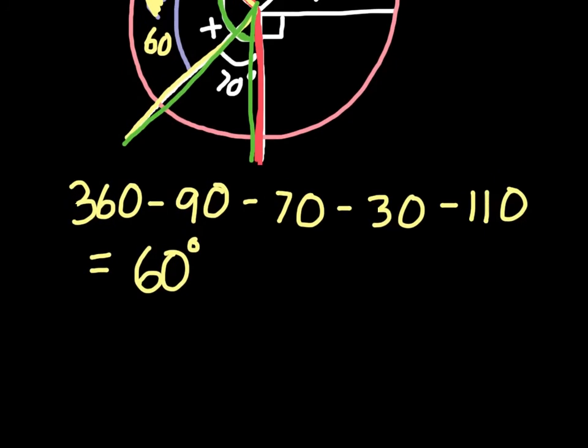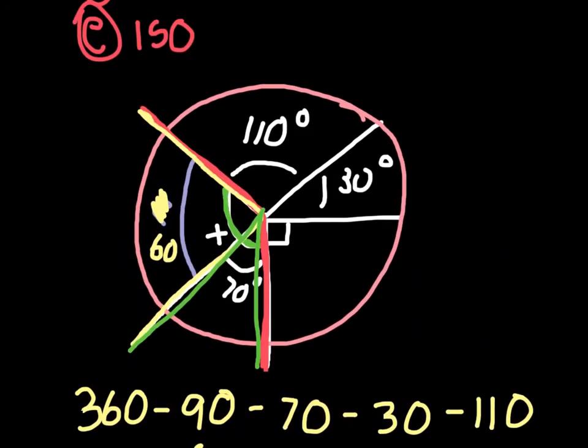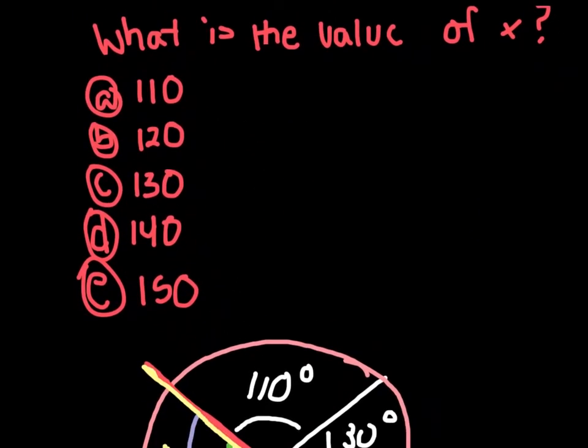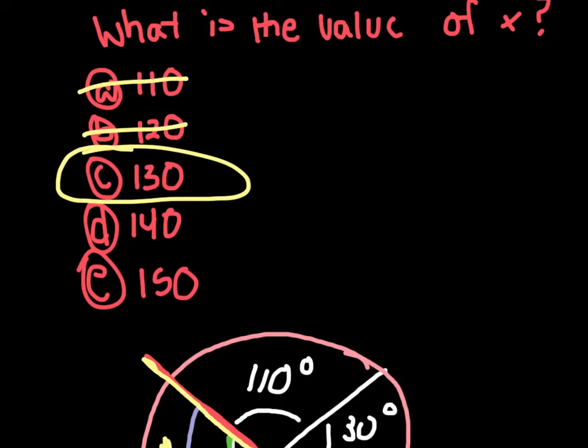So 70 degrees plus 60 degrees, from what we found in the previous part of the problem, is equal to 130 degrees. Let's scroll back up and see if we have 130 degrees as an option. 110 is an option, 120 isn't an option. Hey, 130 is here, so our answer is 130 degrees.